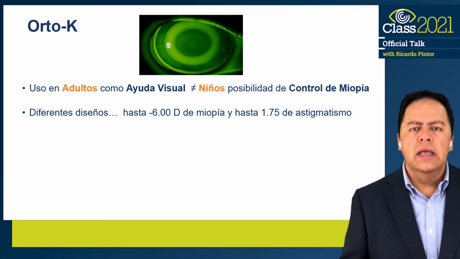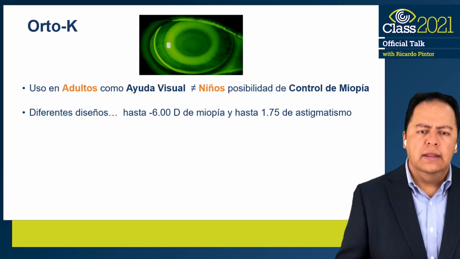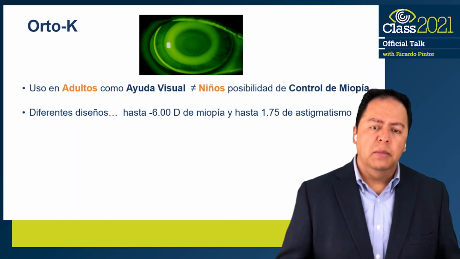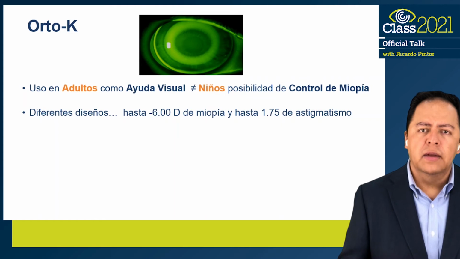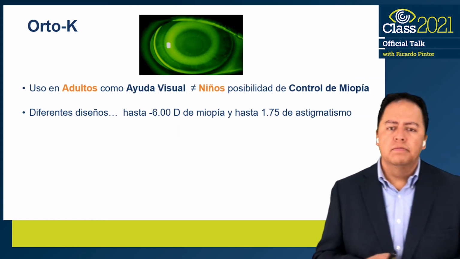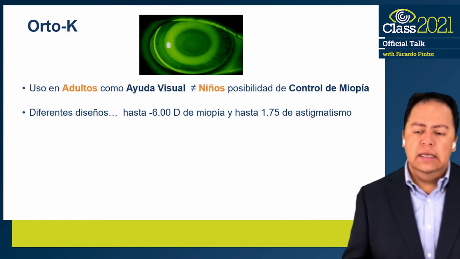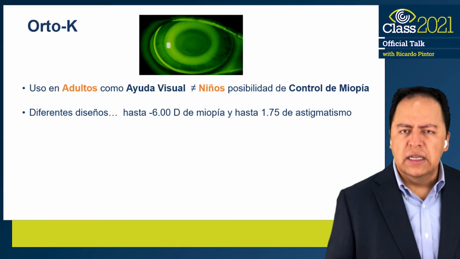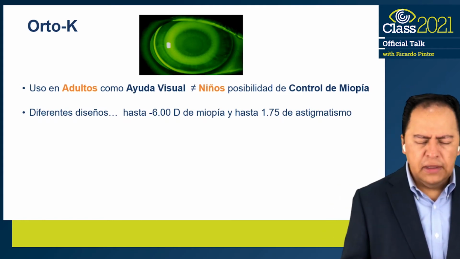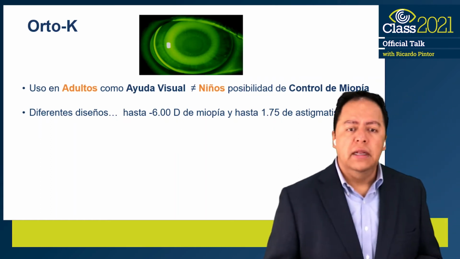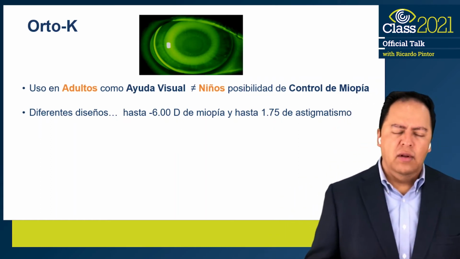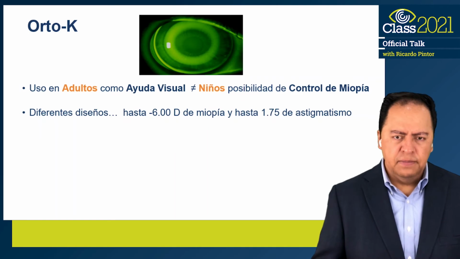There are different designs and many companies that provide us with their alternatives, but in general terms, these 5 or 6 diopters of myopia could be an option, and it can be used if there is low astigmatism, not when there are elevated values, but there are novel alternatives that come included with what refers to hypermetropia.